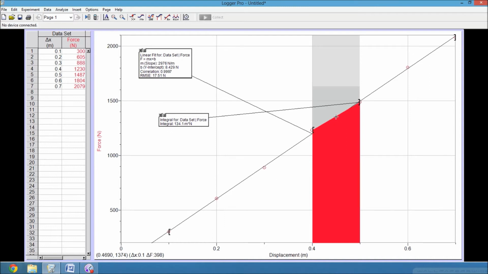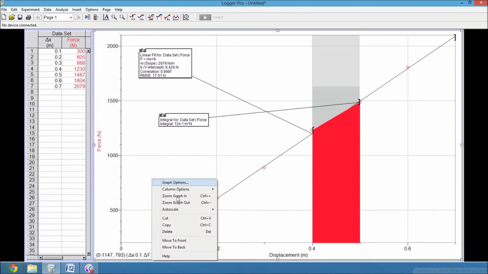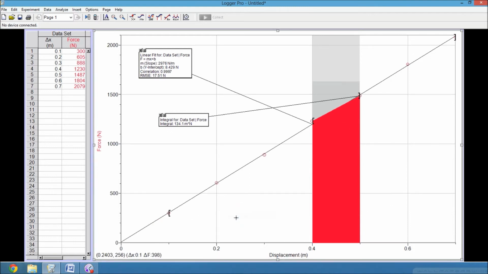If you don't have a program to get it, we could have just calculated the area of this triangle here.